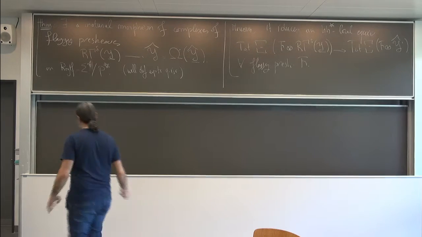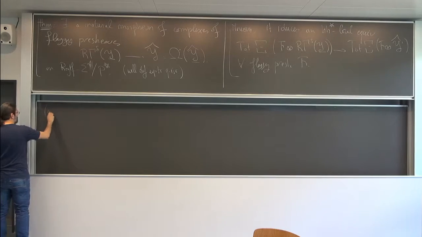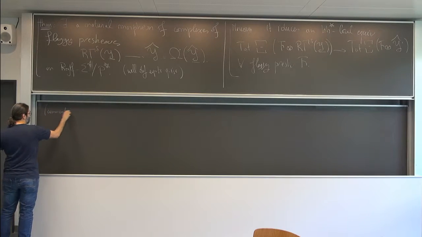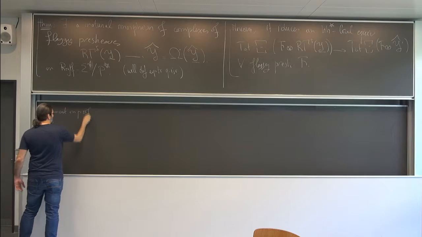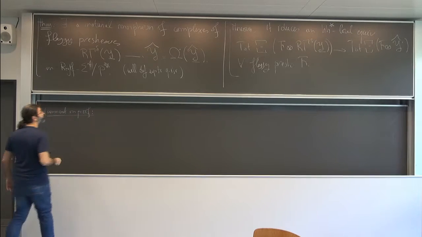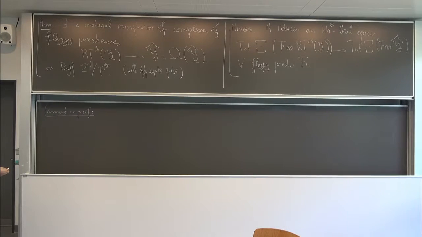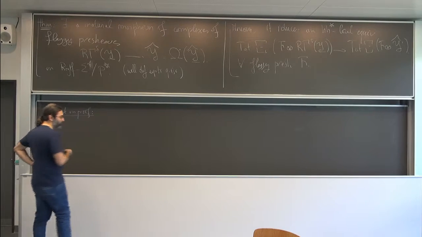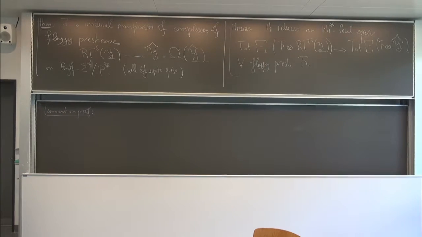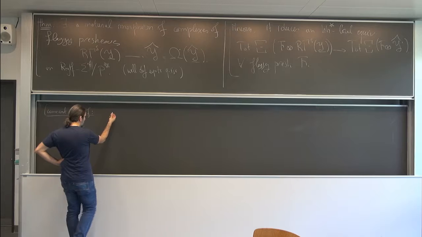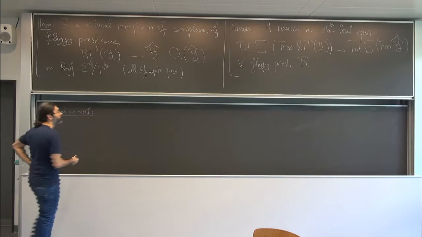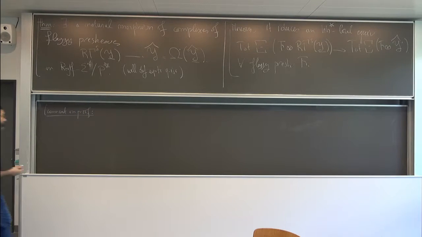Okay, let me comment a little bit about the proof. So yes, I said the Durand complex is closely related to Ext. In fact, it is indeed the same if you work with the big category of modules with integrable connection.